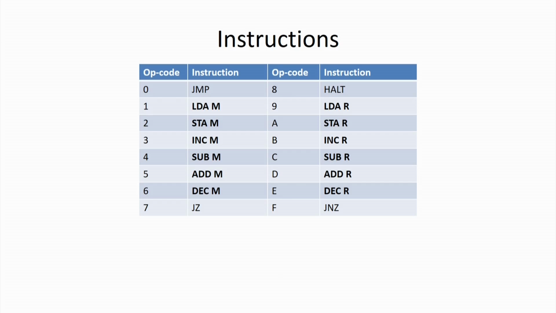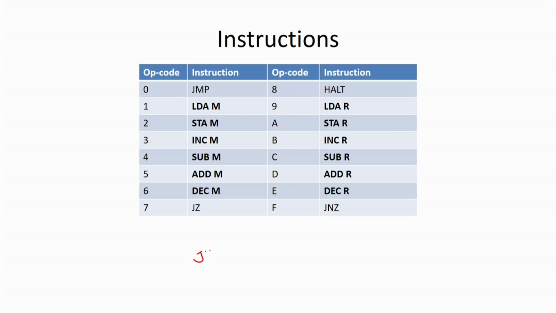8 is your halt instruction, that means it is going to say halting the program or stopping the program execution. That means at the end of the program we have to give this halt instruction just to say that now stop execution, need not fetch any more information. Similarly, 7 is given as your JZ and F is your JNZ.